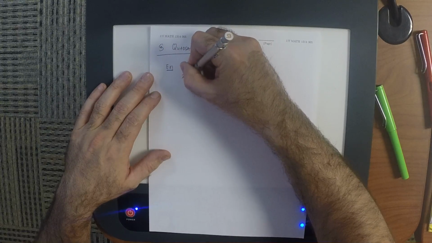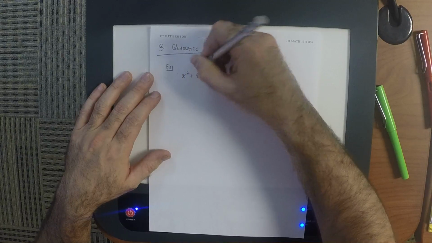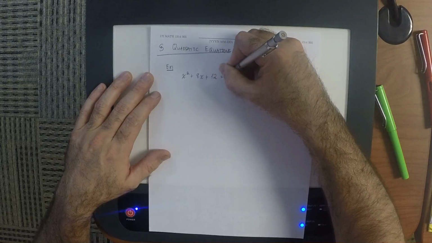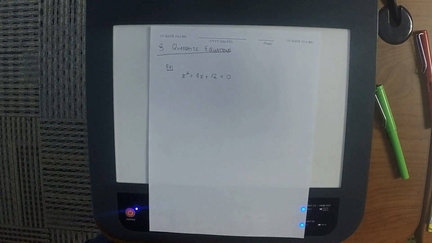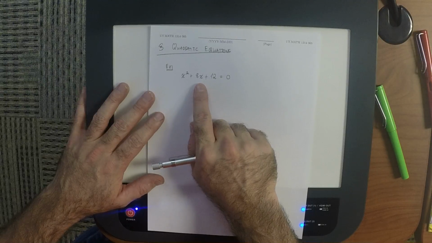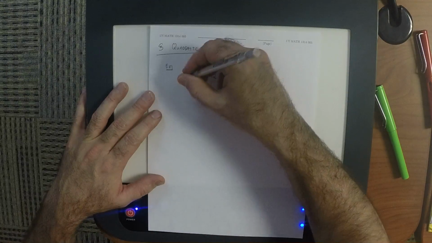How about x squared plus 8x plus 12 is equal to 0? And I could say, well, I want you to solve this. Well, this one is really pretty straightforward to solve because this one is straightforward to factor. So does this factor easily? Yeah. How does it factor?